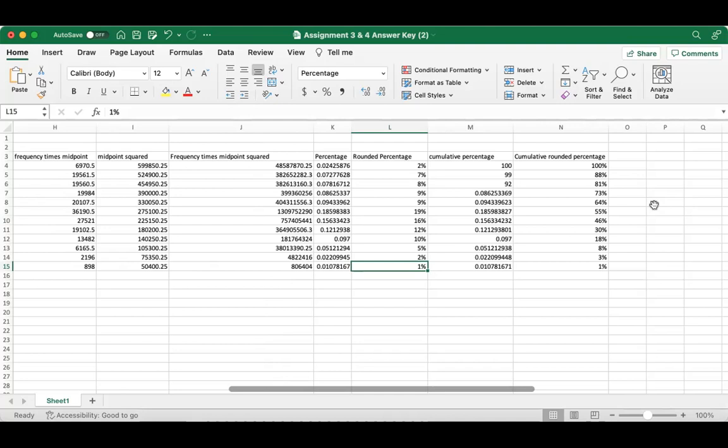Then this one would be equal to K13 plus K12. But the problem is the percentage format is on, and it's trying to round for us. I don't want percentage, I just want decimals.